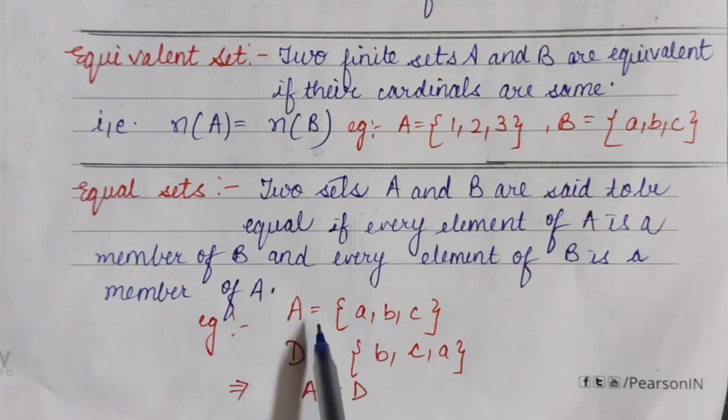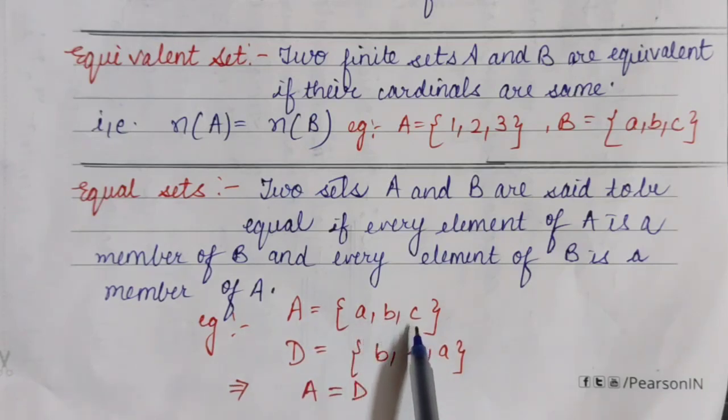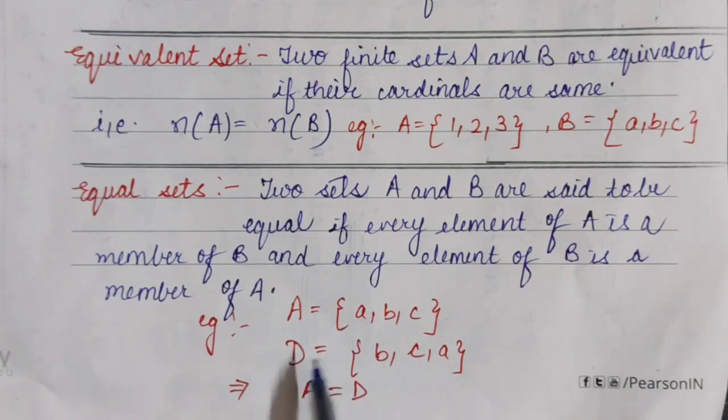Let's understand it with the help of an example. In this set A, see here, three elements are there: a, b, c. In set D, also three elements are there: b, c, a.